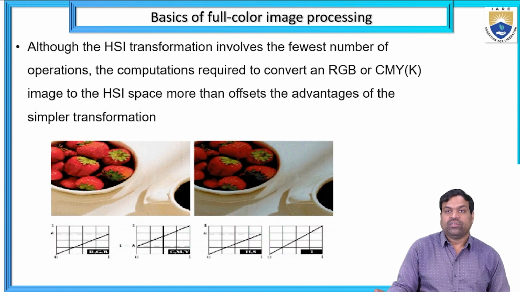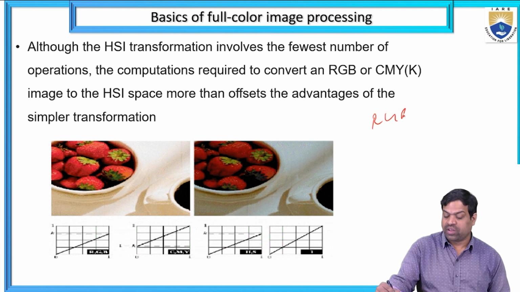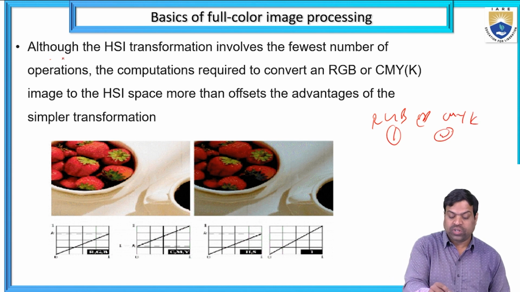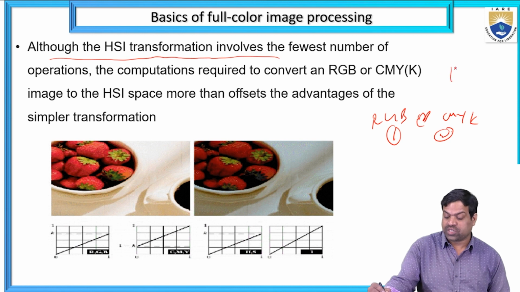So although the HSI transformation involves the fewest number of operations, the computations required to convert RGB or CMY to HSI offset the advantage of the simpler transformation.